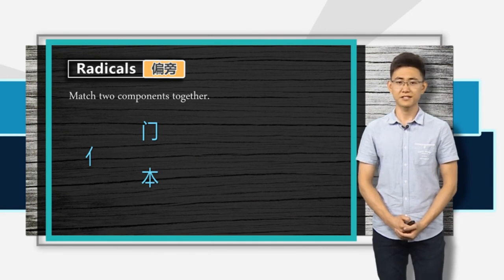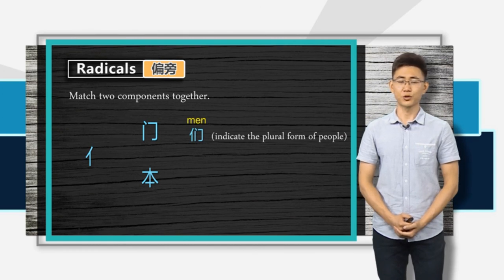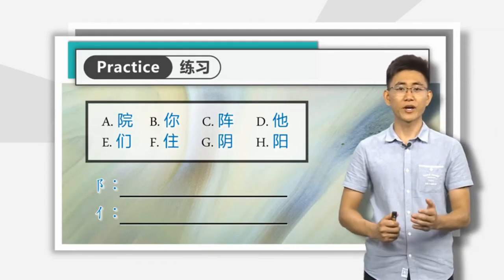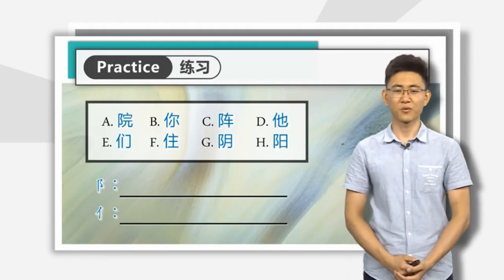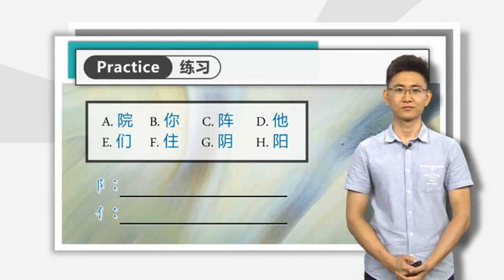Match the components to make new characters. Let's check the answers. 们 indicates the plural form of people. 体 means body.